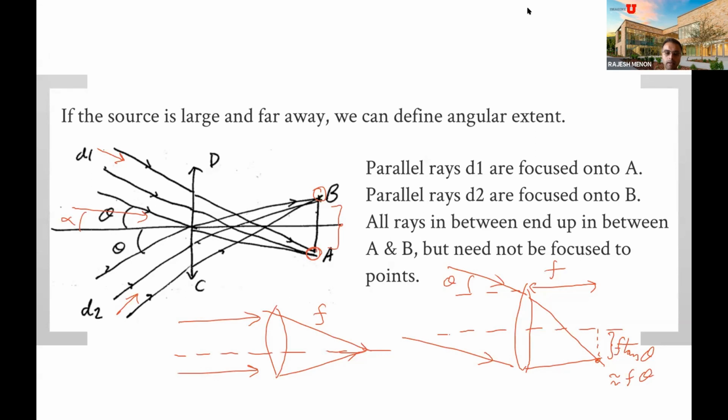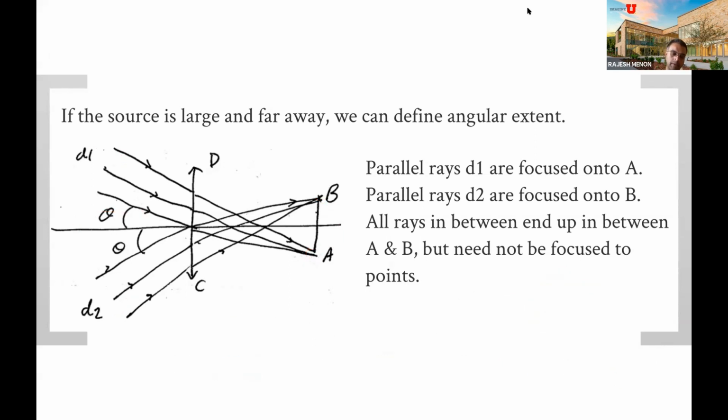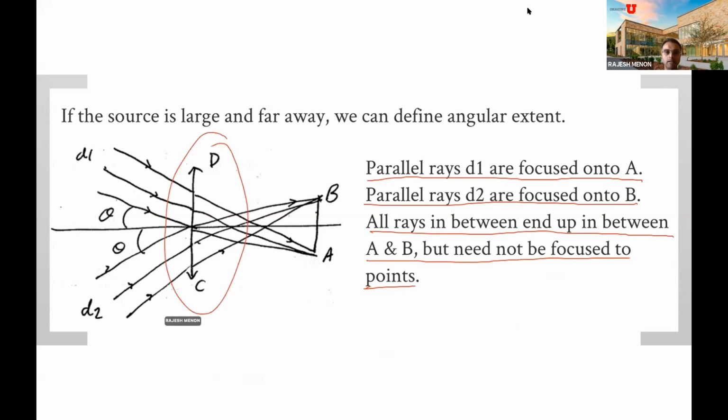So in summary, parallel rays d1 are focused onto A, parallel rays d2 are focused onto B. It's simple, just from geometrical optics. All the rays in between the ray angles d1 and d2 must end up at points in between A and B, but they need not have a one-to-one map, which is good. In other words, I can take the lens and concentrate the light of the sun, which we all know. So here is a way, at least in a consistent and intuitive way, to understand it.